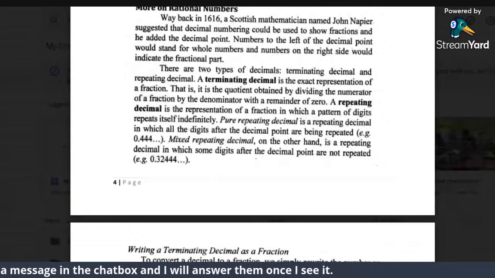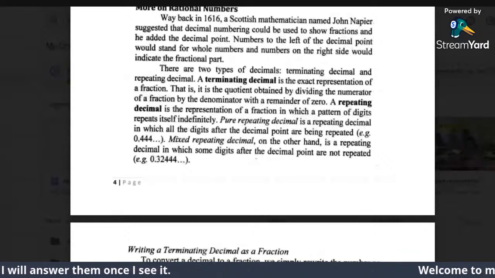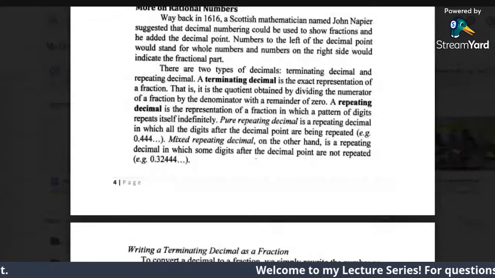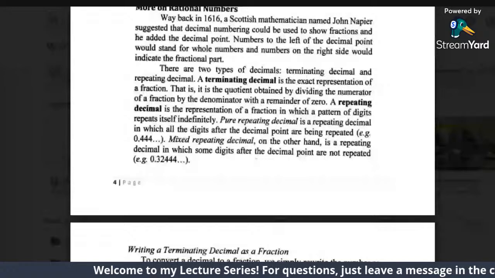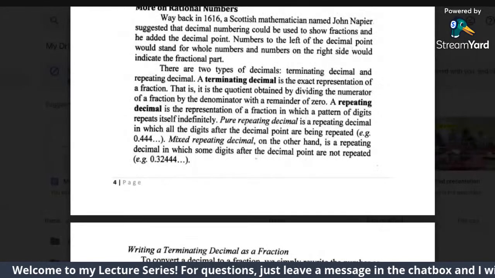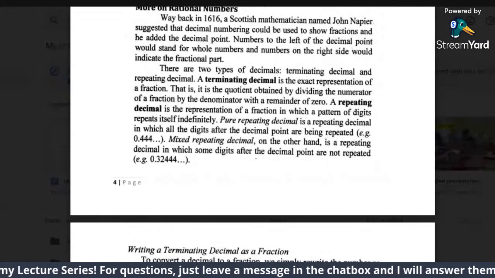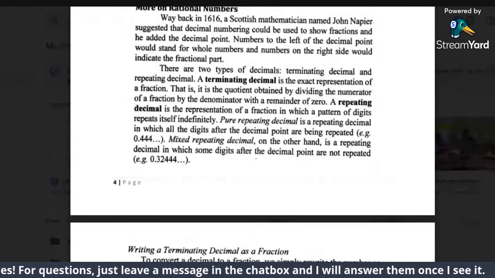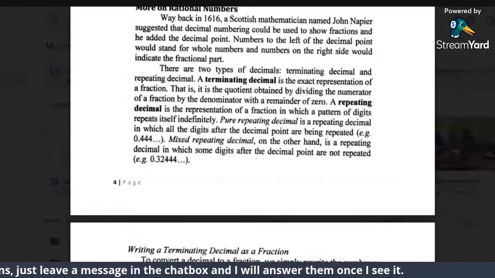So for example, 2 over 3 will give you 0.666666. This is a repeating and non-terminating number, so it's a rational number. Again, rational number ang repeating and non-terminating. Irrational kapag non-repeating and non-terminating.